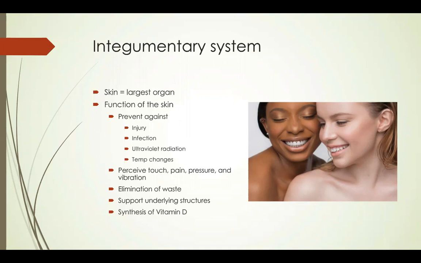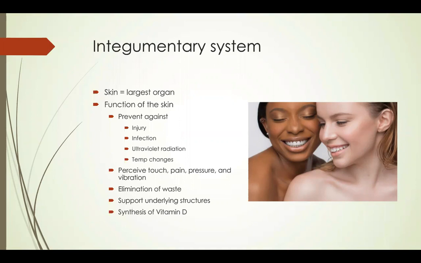It protects us from UV radiation from the sun. It helps us maintain our heat in the fluctuations in temperature, so it regulates our body temperature. It also allows us to perceive touch, pain, pressure, and vibration. When someone touches us, it stimulates the nerves to let us know that we're being touched.